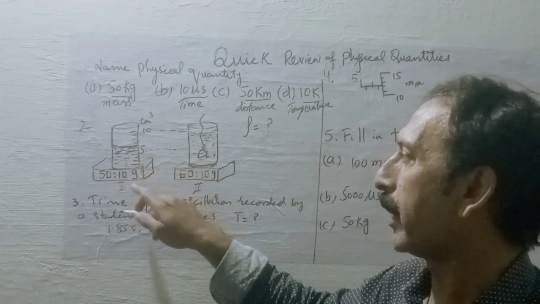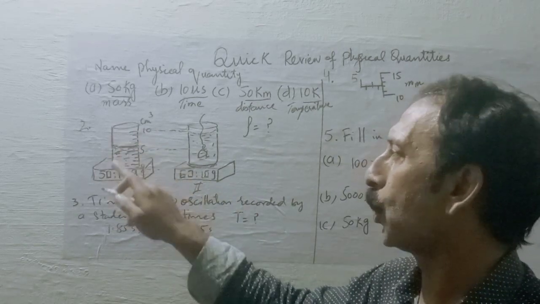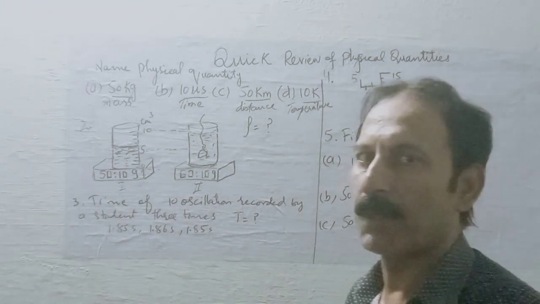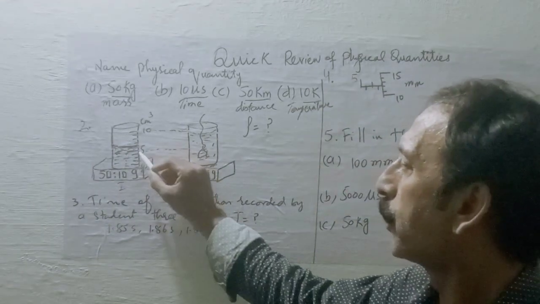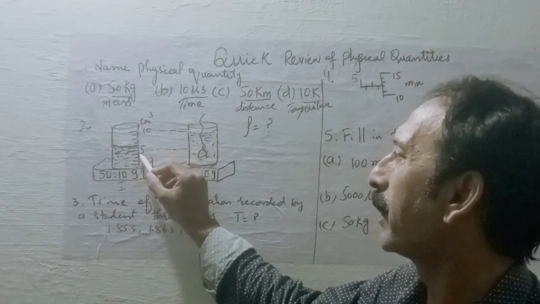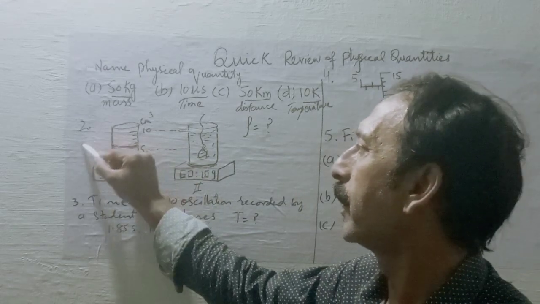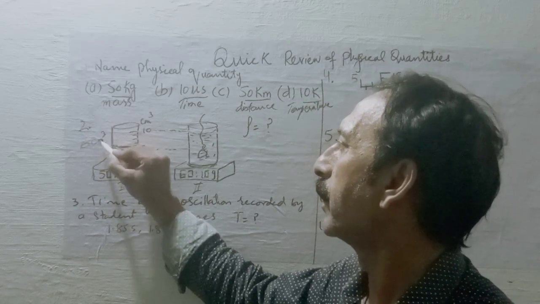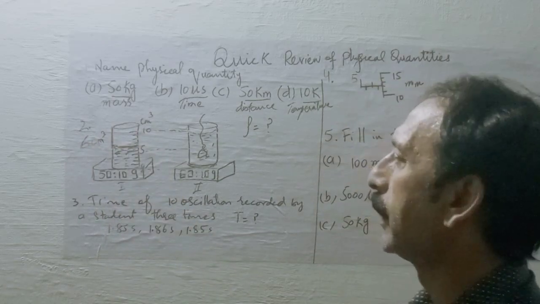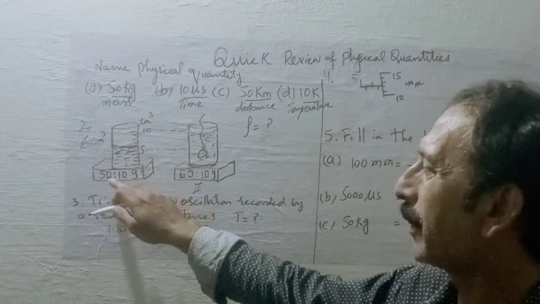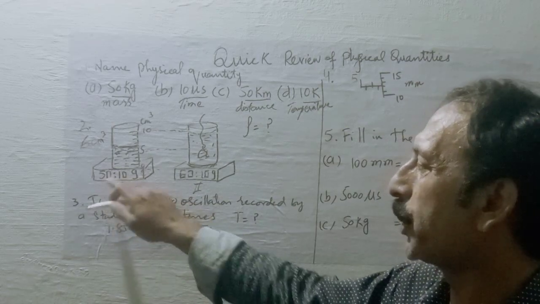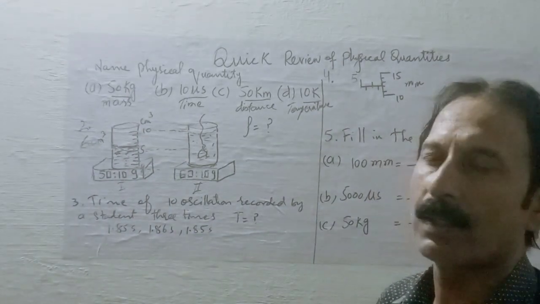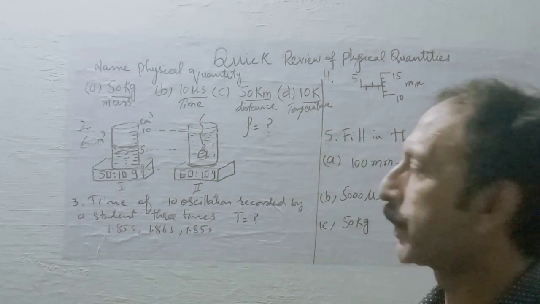A beaker with some water is on your digital mass meter. The volume shown here is 6 ml or 6 cubic centimeter. And the mass shown here on the mass meter is 50.10 grams.